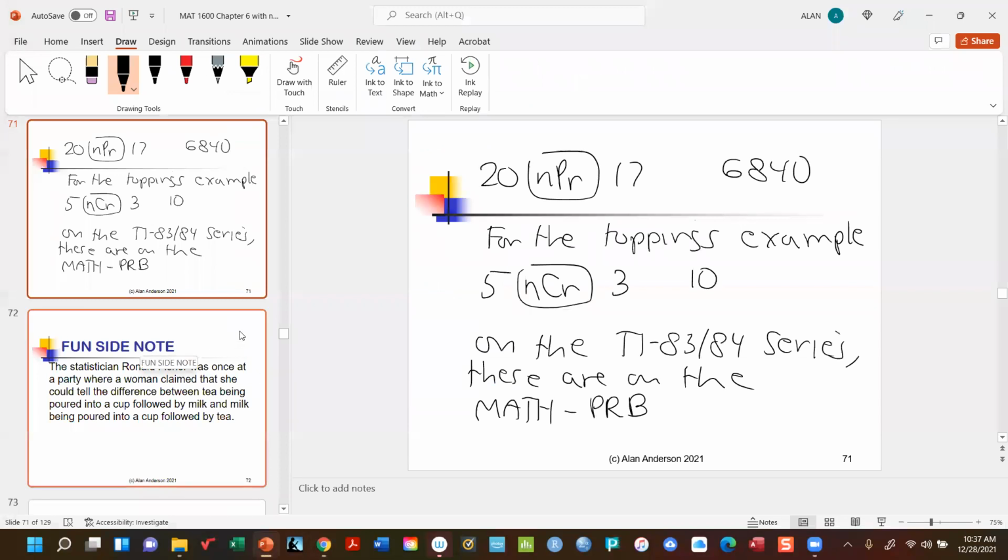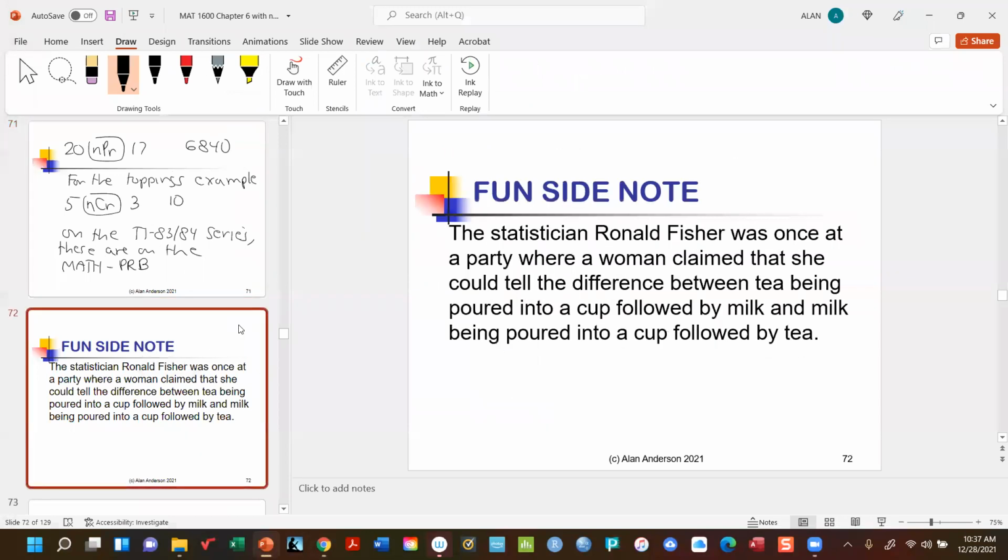Now, at the turn of the 20th century, the very famous statistician Ronald Fisher was at a party of some kind. Apparently they were serving tea, and there was a lady at the party who had milk in her cup, and the waiter offered to pour tea into the cup.